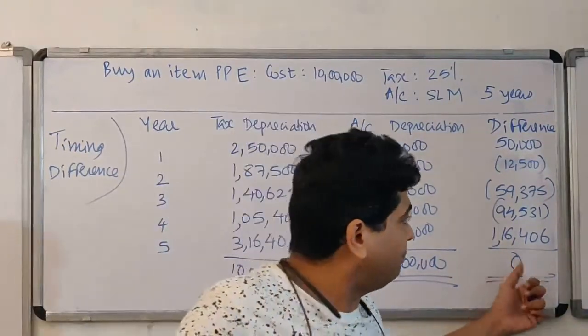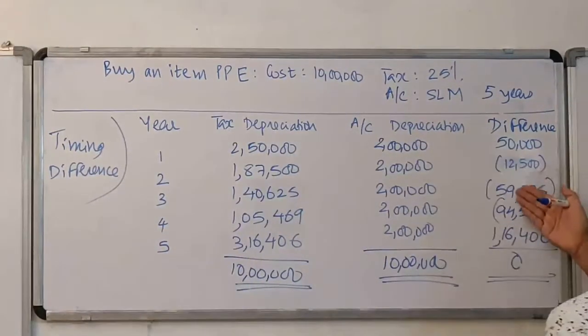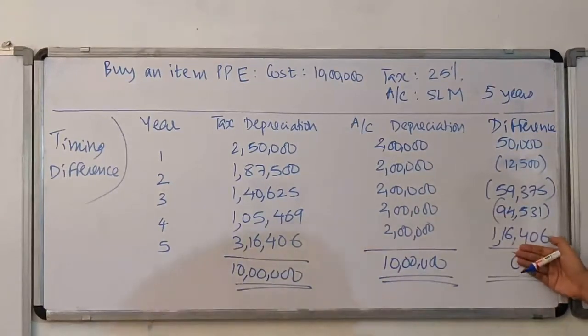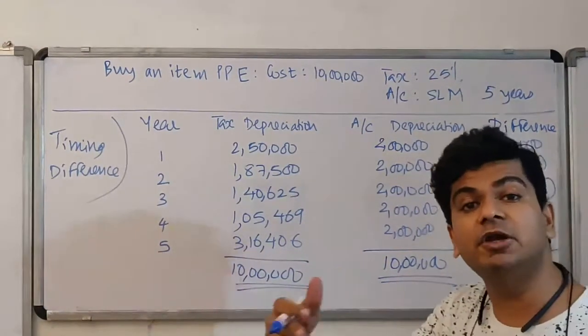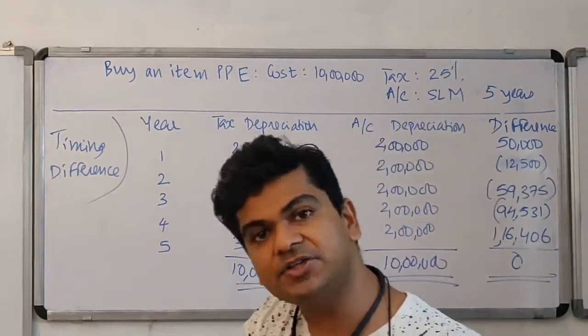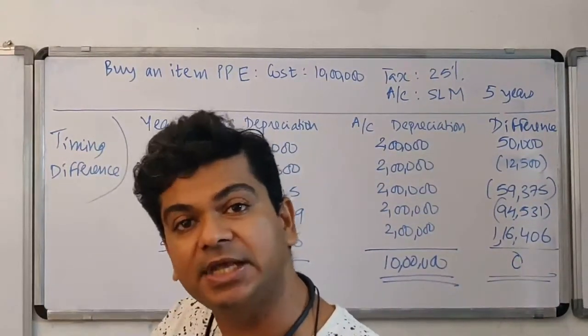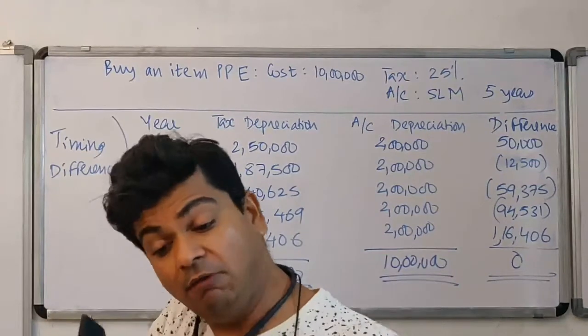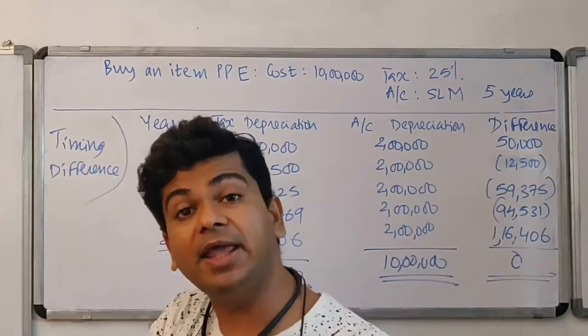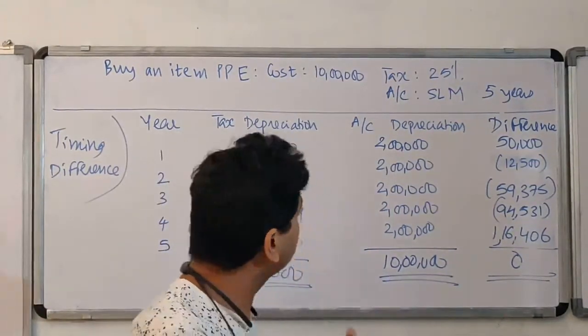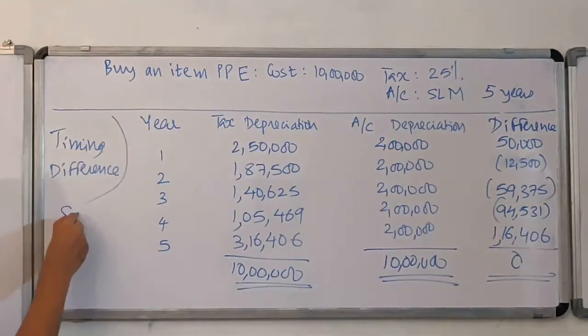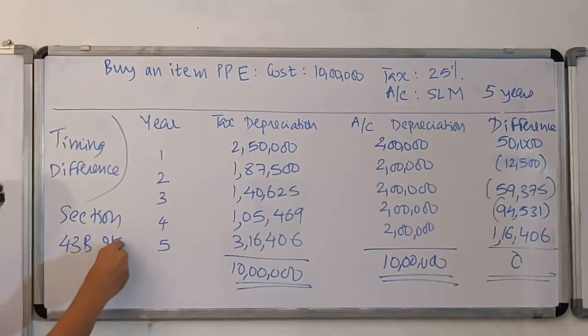For example, depreciation over here is taking 4 years to reverse itself. Not every item will take so much time. There are certain items which may reverse itself probably in the next year itself. For example, in the Income Tax Act, we have something known as Section 43B items.